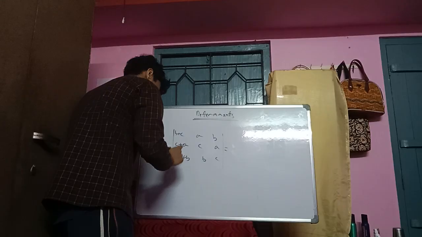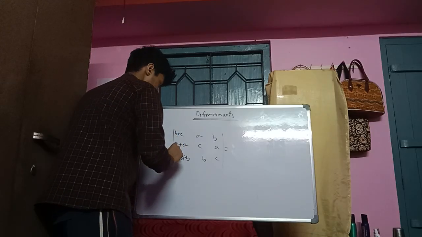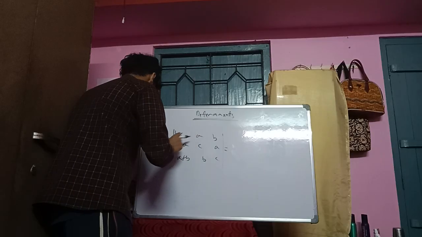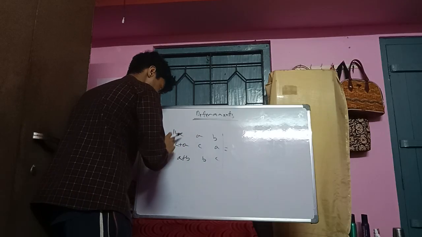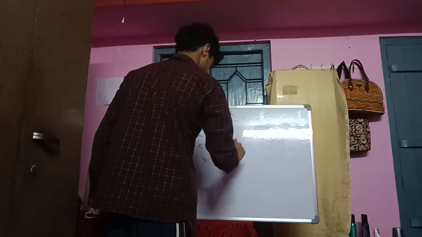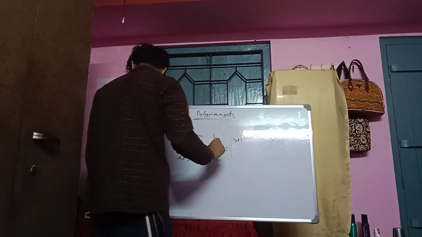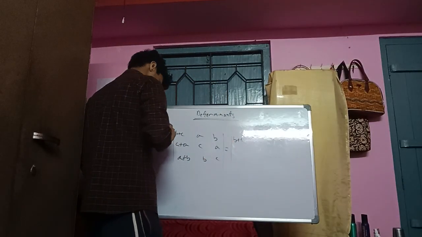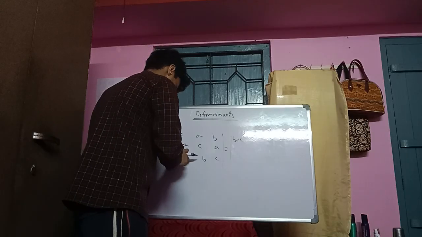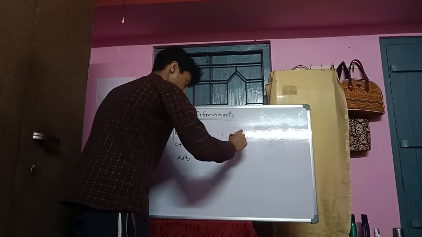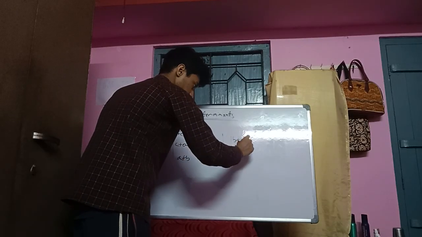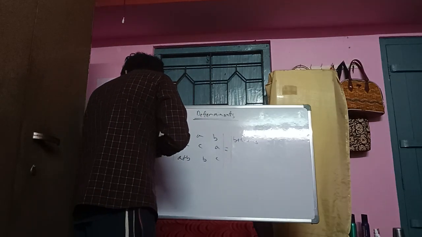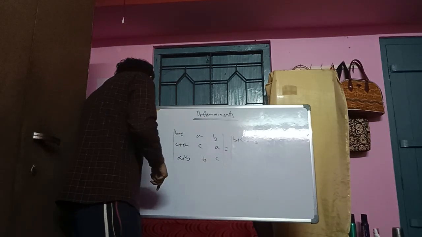So let's try to subtract this second row from this first one. Create this one as the difference of these two rows. This will become B plus C. So actually what I have done here is subtract this third one from the first one, so minus A minus B, and then add the second one here.